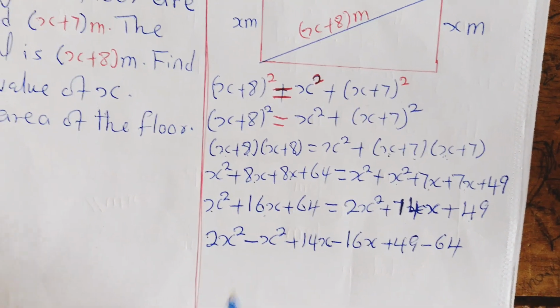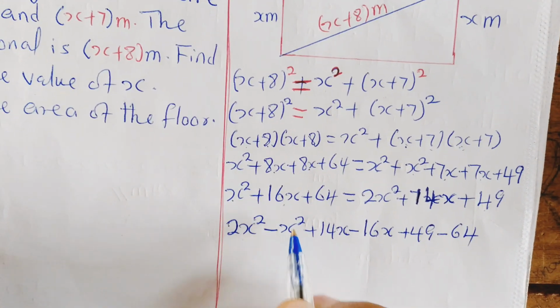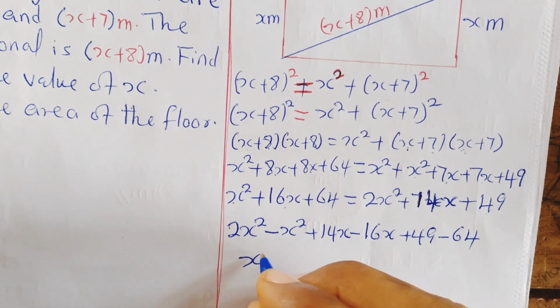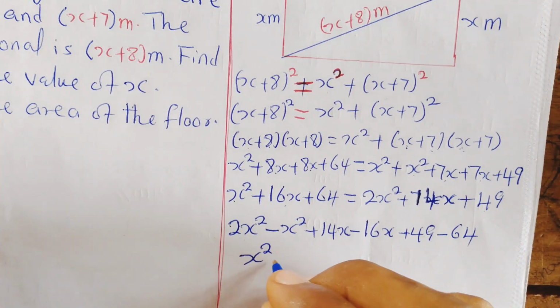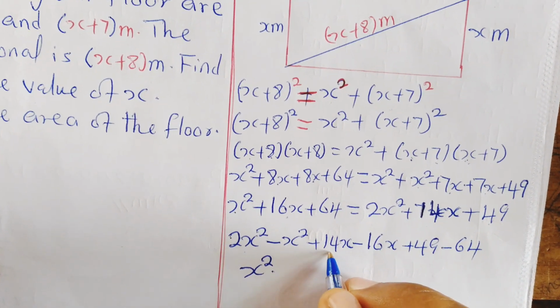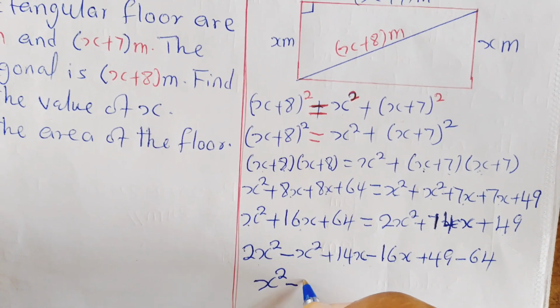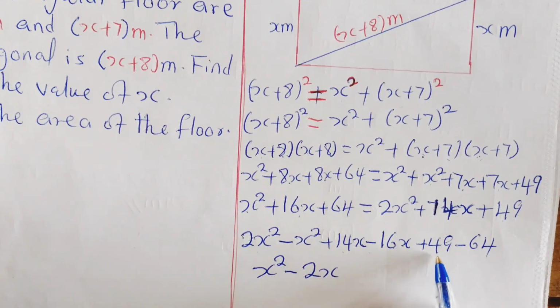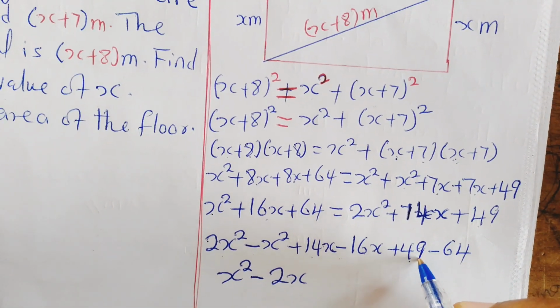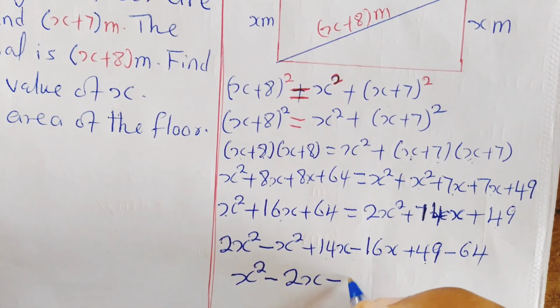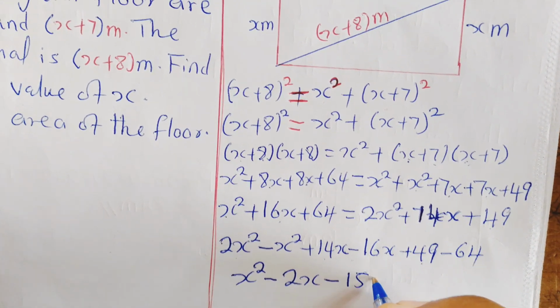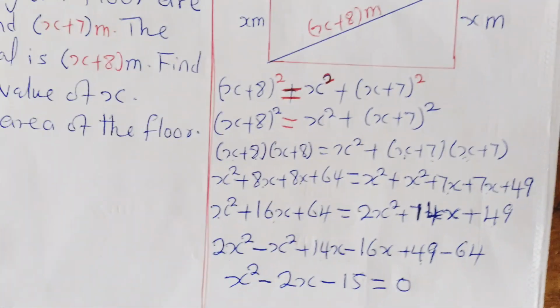So let me simplify. 2x squared minus x squared will give me x squared. Then 14x minus 16x will give me minus 2x. 49 minus 64 gives me minus 15. And all is equal to 0.